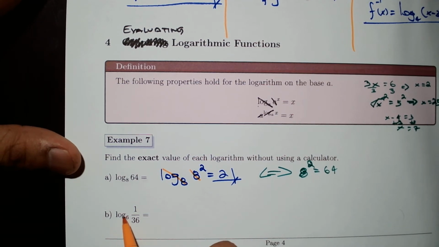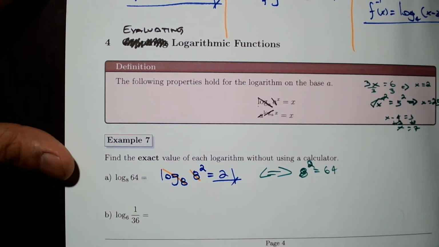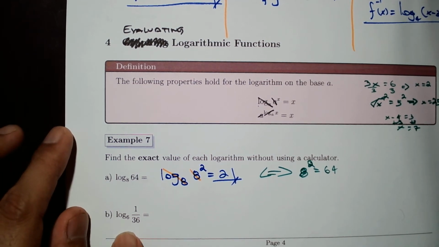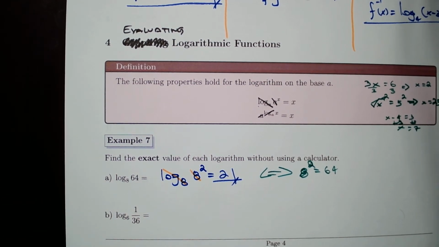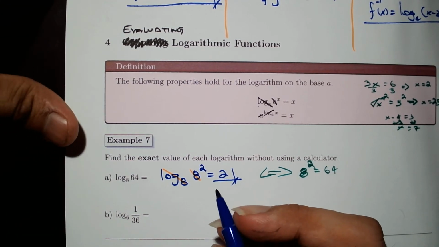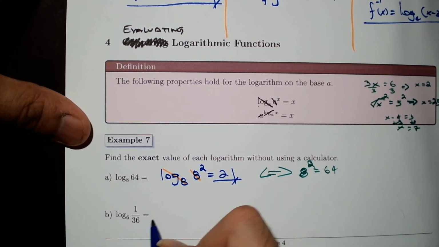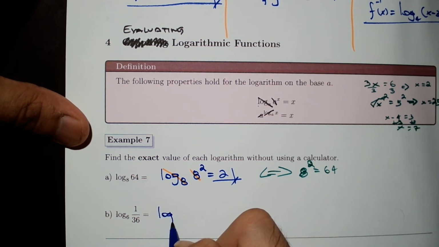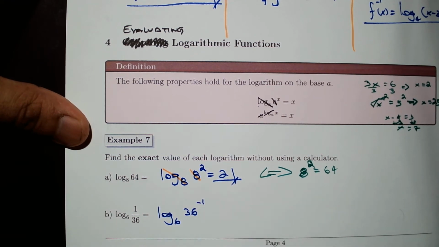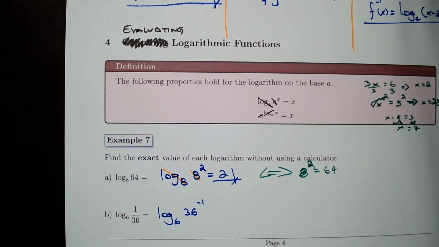Let's see, we have log base 6 of 1 over 36. Here, notice how the 36 is a power of 6. However, in this case, we need to do a little bit of work before we can get that done. First, I'm going to move this 36 to the numerator with a negative exponent. 1 over 36 is the same as 36 to the negative 1.